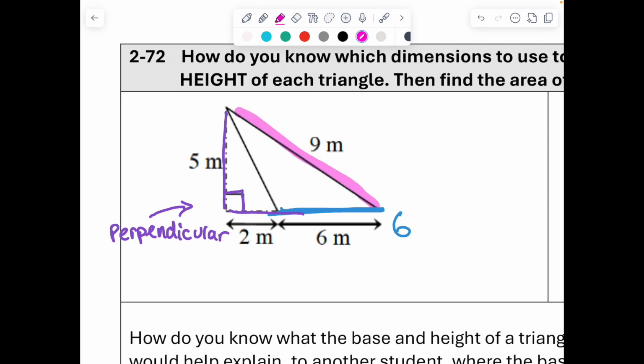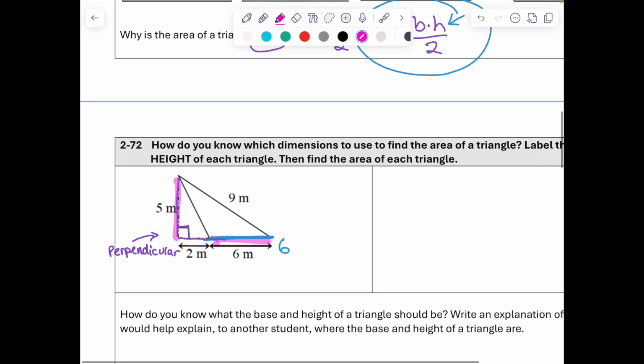So you might have been wanting to make 9 your height. However, it is not perpendicular to our base. That's not actually how tall the triangle is because it's slanted. Our height here is 5 and our base is 6. Okay? So here we have 6 times 5 and then divided by 2.